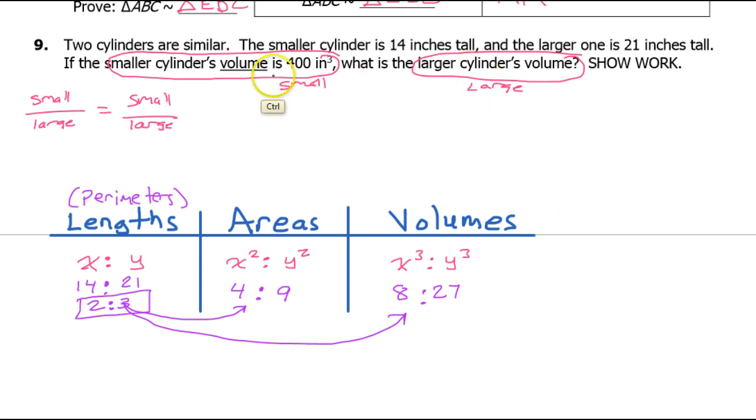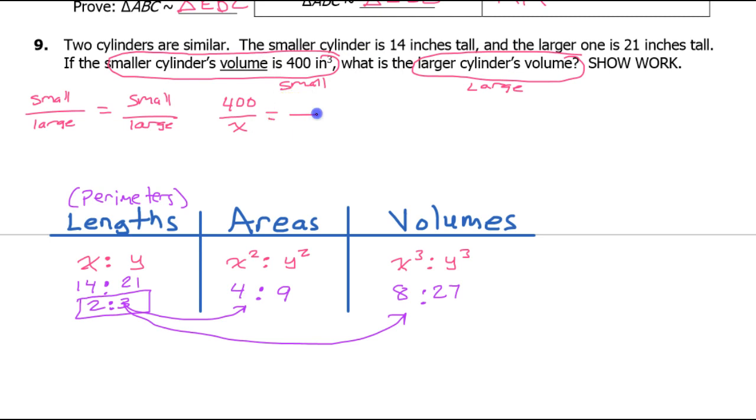So we're given the small volume, 400. So I'm going to do 400 over large, which is what we're looking for. So we're just going to call that x. That's small over large, 400 over x.